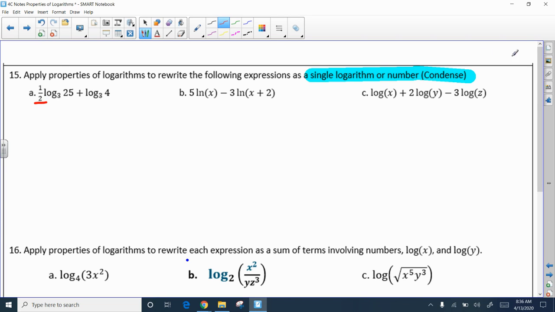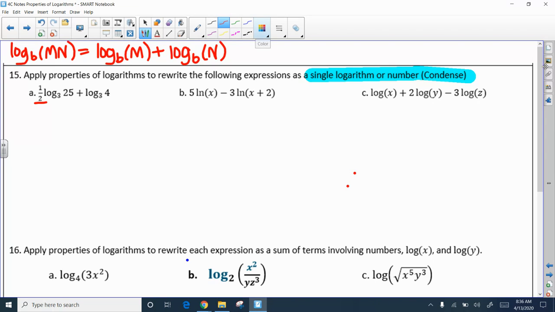I think I'll write the three properties up at the top here so that we can reference them as we're doing these examples. We have log base b of m times n equals, so we can rewrite it as log base b of m plus log base b of n. I know I'm going to be using this property because I see a plus sign here.